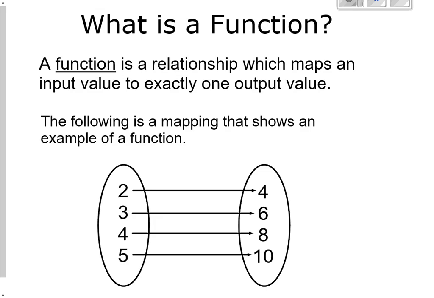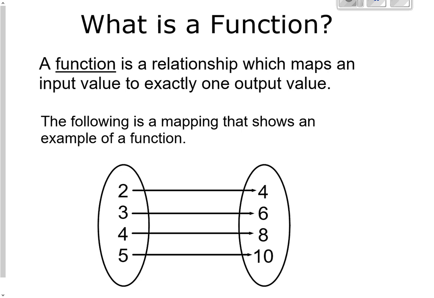A function is a relationship which maps an input value to exactly one output value. The following is a mapping that shows an example of a function. It's kind of like a table of values, but this is called mapping notation. If 2 is my input, I have an output of 4. If 3 is my input, I have an output of 6.